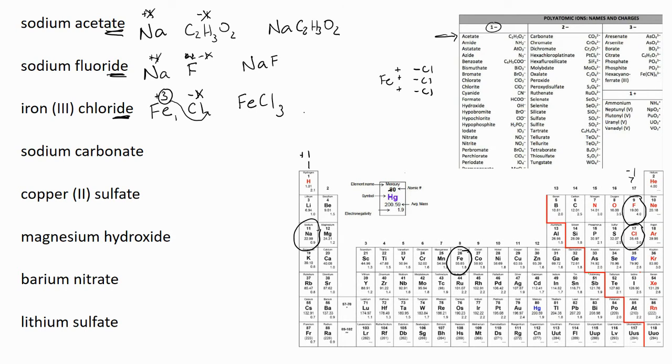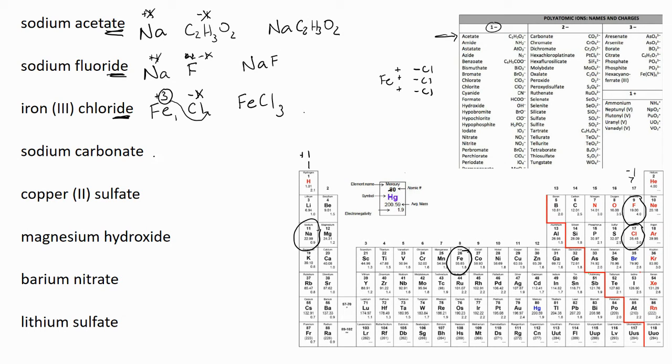So this 3 subscript is really just saying that we need 3 chlorines to neutralize, to make no charge, to balance out the +3 on the iron. So whichever way of thinking about that makes the most sense to you, it's a totally valid way to write the formula. Okay, so let's keep going.